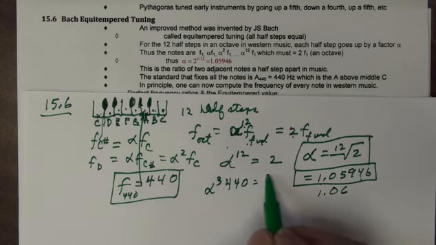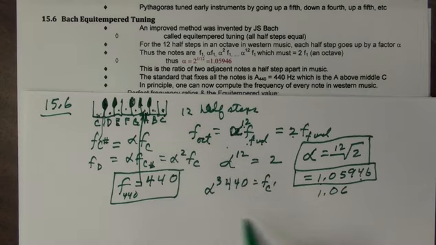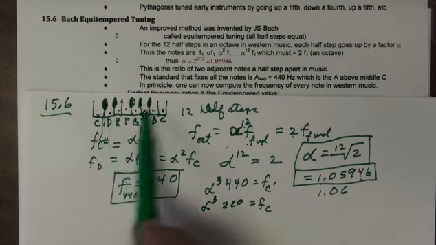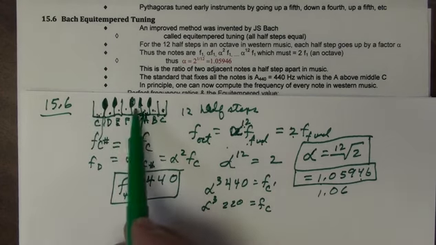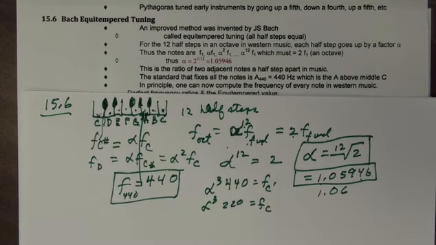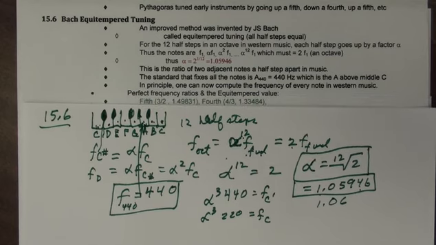And that would be the frequency of the C prime, an octave higher than a C. If I wanted to go down a whole octave from that, I take that divided by 2. Frequency of C then is 220 times alpha to the third power. And now we can move around on the scale going any number of half steps and find any note on the piano and what its frequency is.